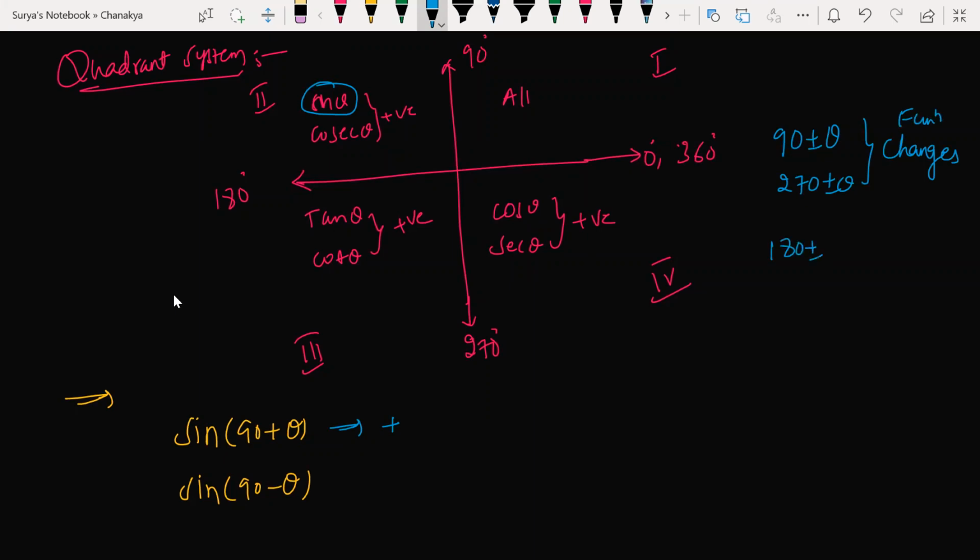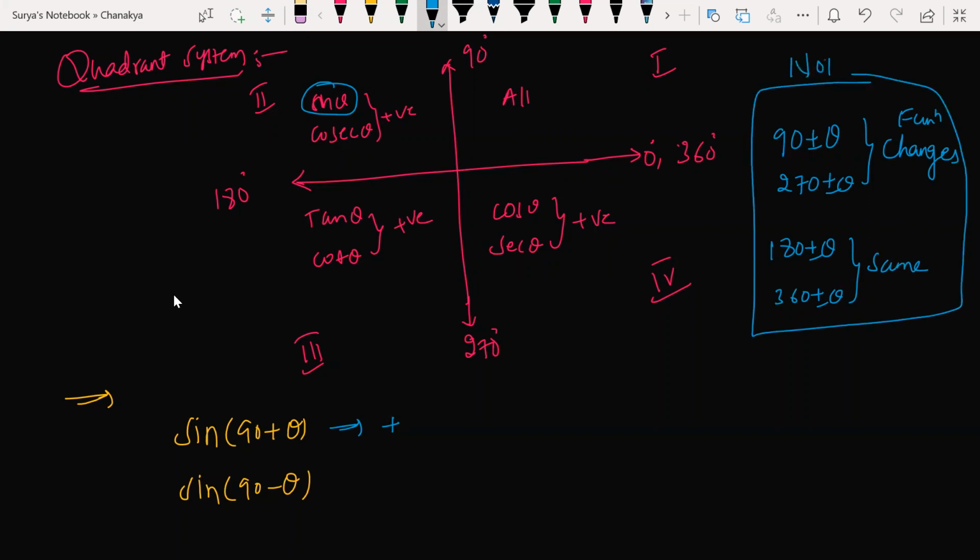Whenever 180 plus or minus theta, or 360 plus or minus theta comes, the function would be the same. Just keep that in mind and everything will be easy. With 90 plus, how will the change happen here?